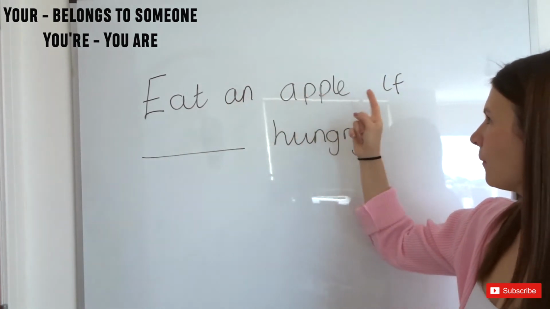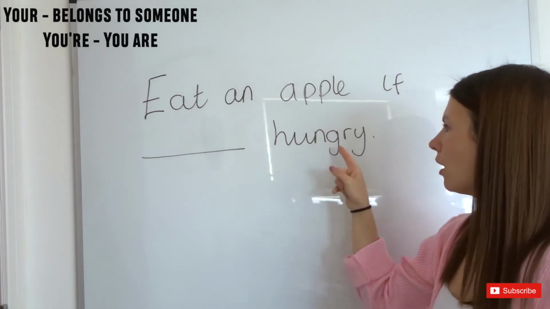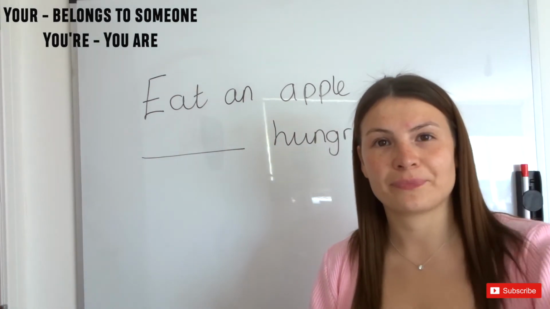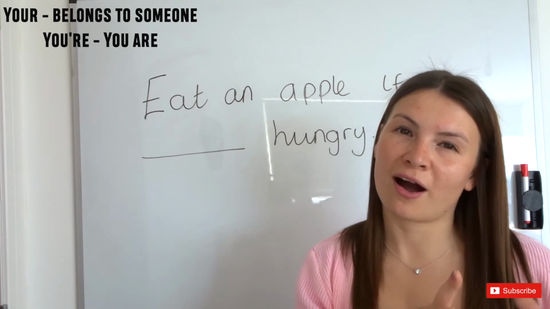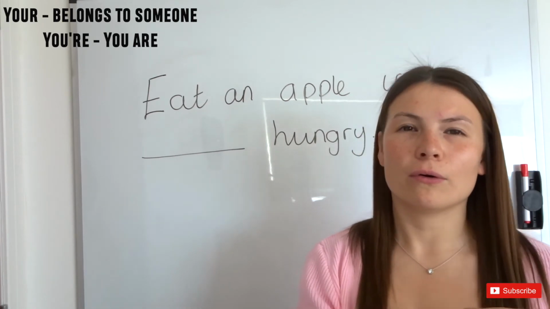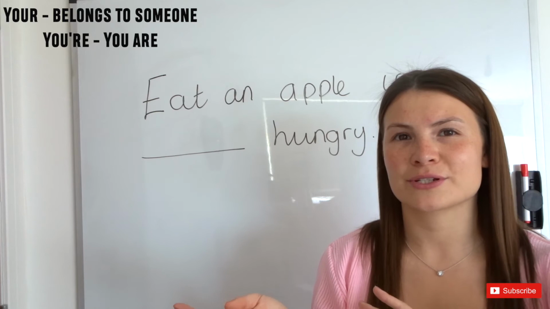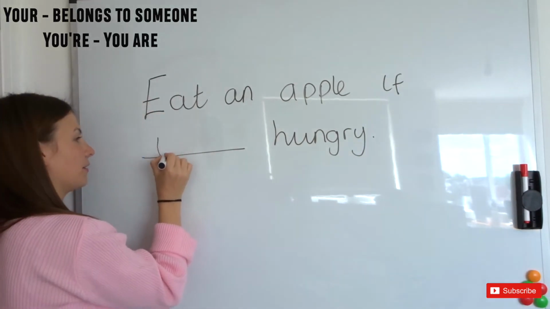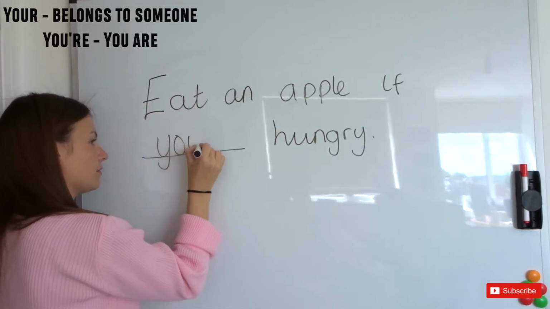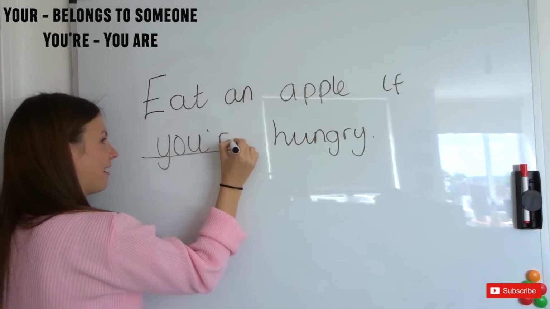Okay, here is the next sentence for you. Eat an apple if you're hungry. Is it the contraction word, so you are, or are we talking about something that belongs to someone? So it is you are.